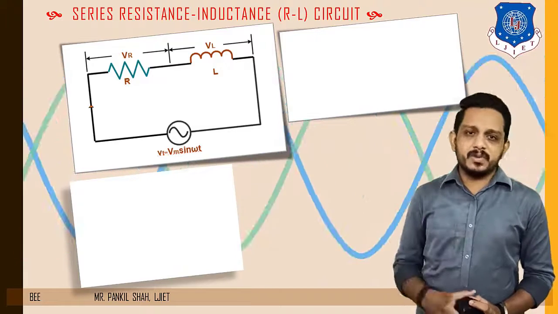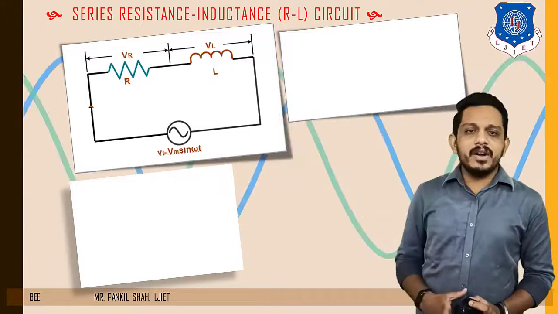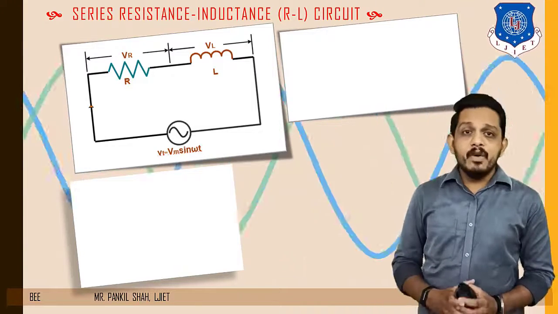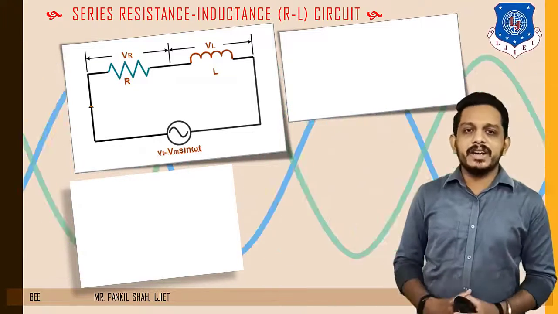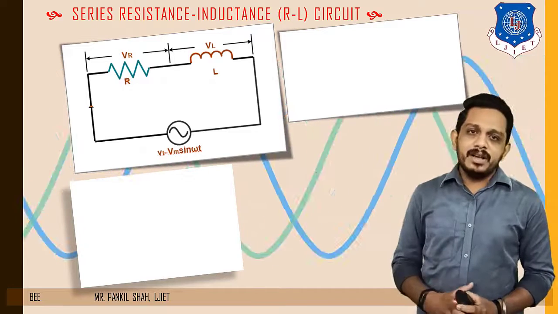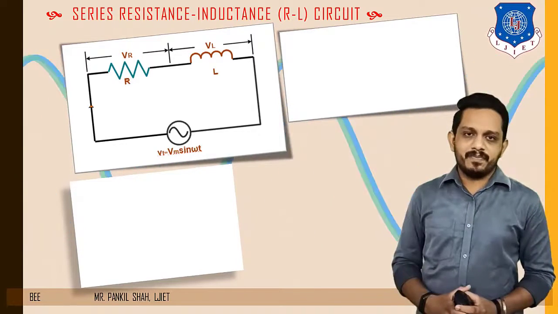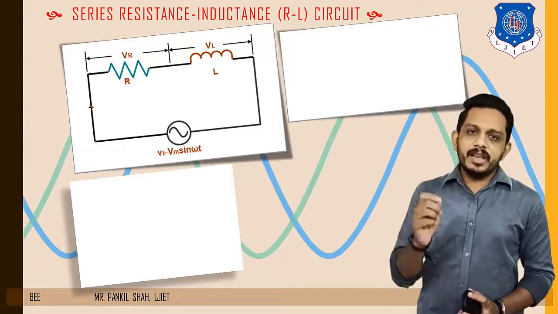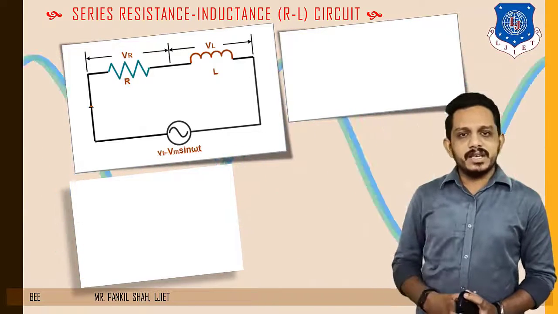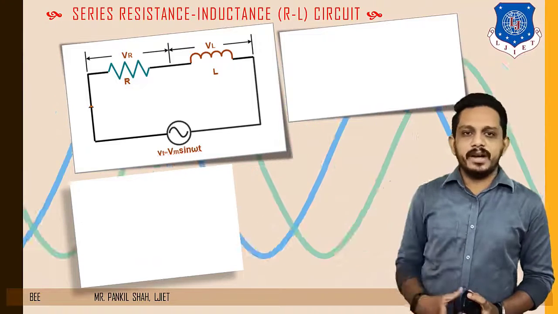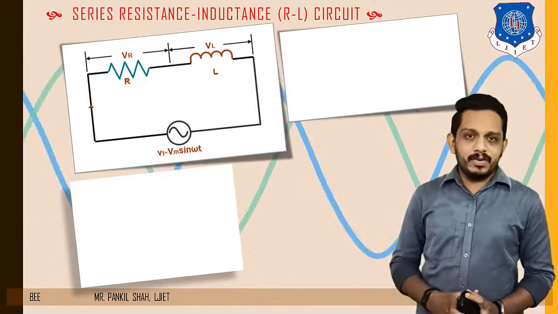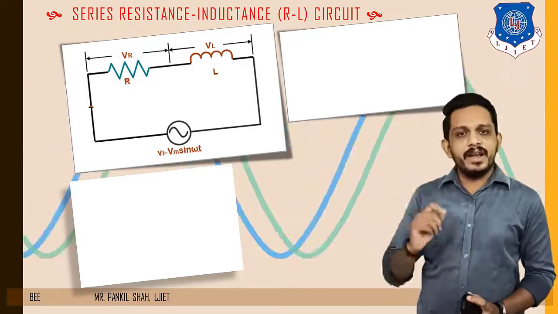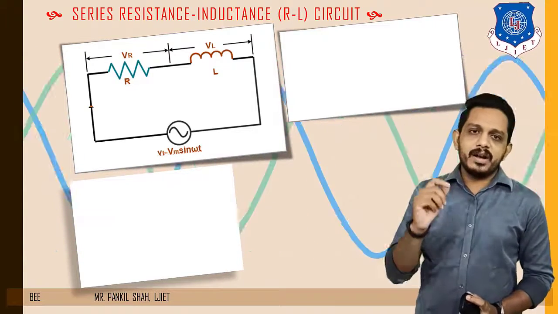The analysis of series RL circuit will give us the equation of voltage, equation of current, phase angle between voltage and current, equation of power, vector diagram and waveform. So let's begin. First of all, we take the equation of voltage, v is equal to Vm sin omega t, and from that we need to define the equation for current i.